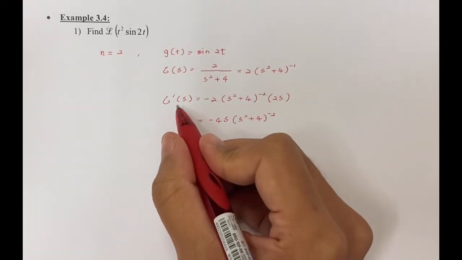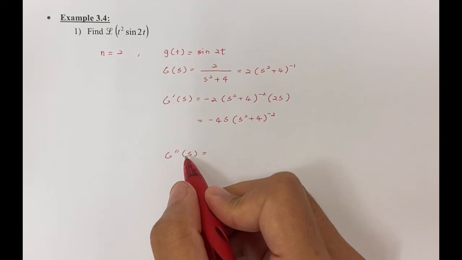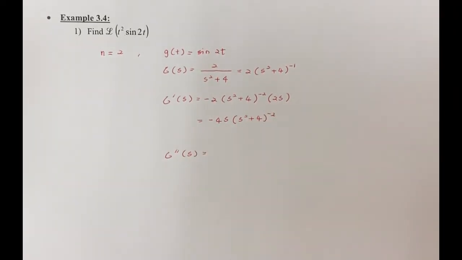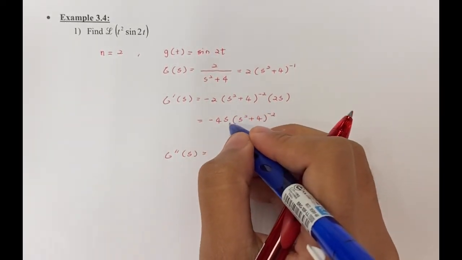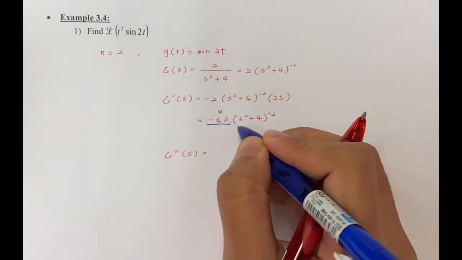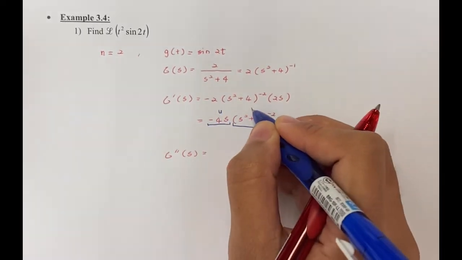And then from G prime(s), find G double prime. From here, it is a product rule. This is your u and this is your v.